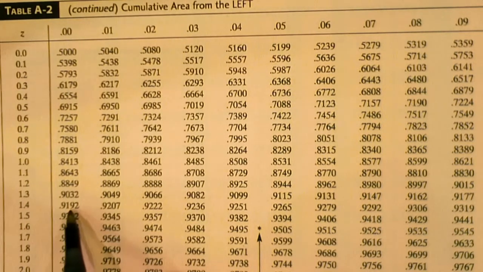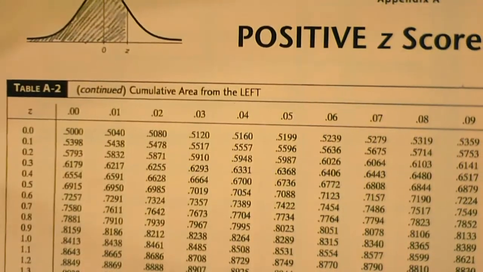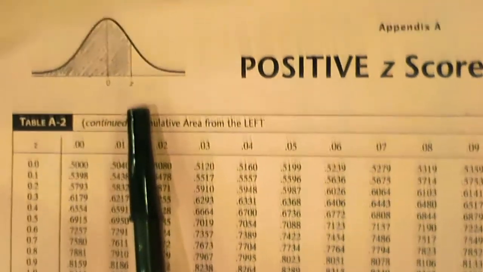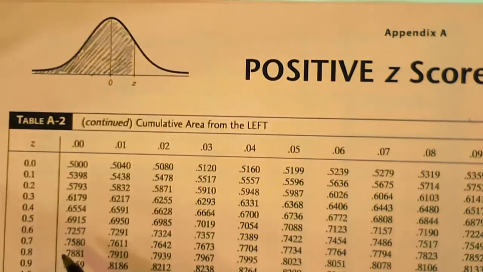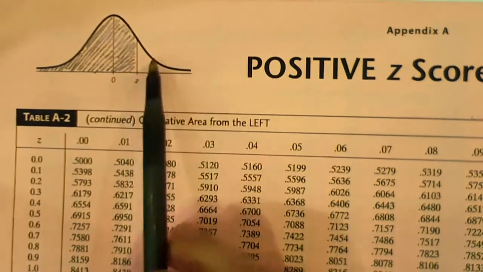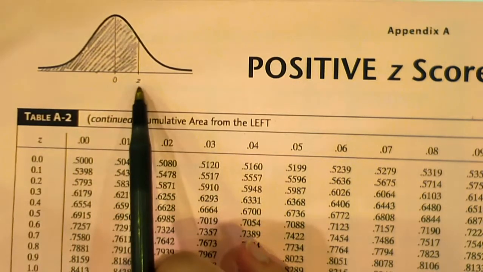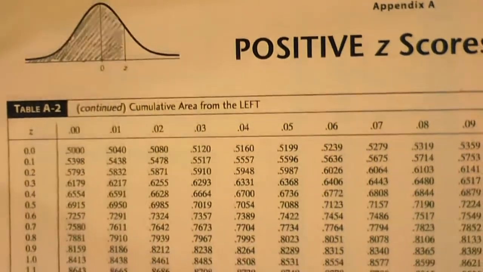So what does that number mean? So this is giving you the probability of what? Area under the curve. Okay, so the area under the curve to the what side? Left. To the left. So you see here there's a little guide for you. So whatever number we find here is supposed to give you the probability of everything that's shaded. So everything to the left of that Z-score, right?